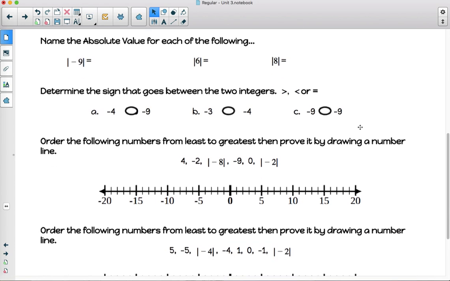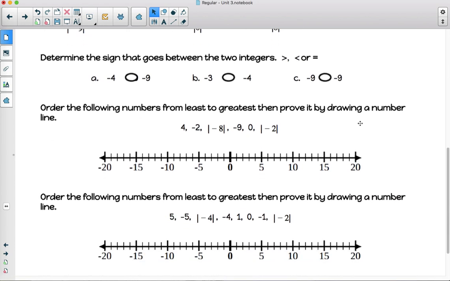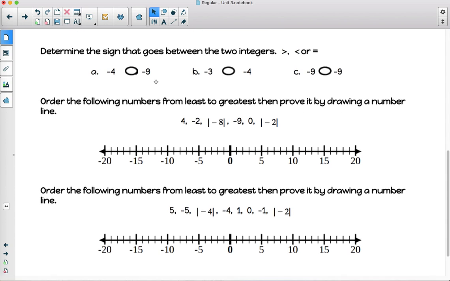Then here's where it's going to get a little bit more challenging. You guys are going to have to use these 2 numbers and decide if it's greater than, less than, or equal to. I'm looking at this first one. I have -4 and -9. If I'm imagining a number line, and this is 0, we're going to put -10 over here.